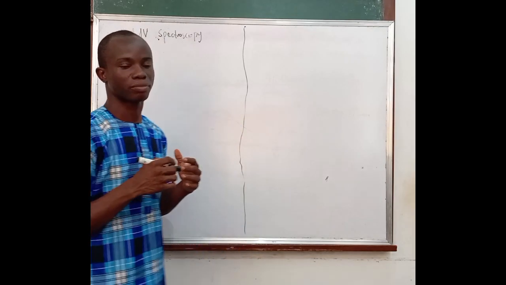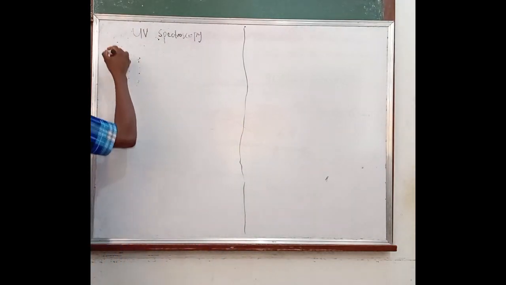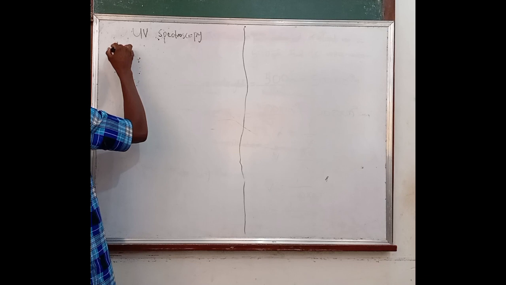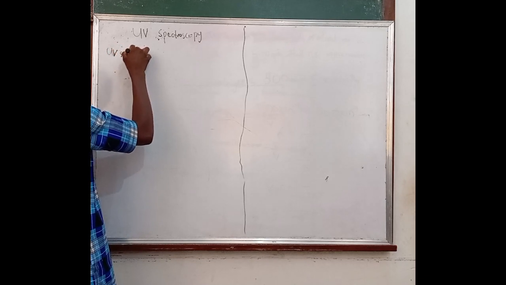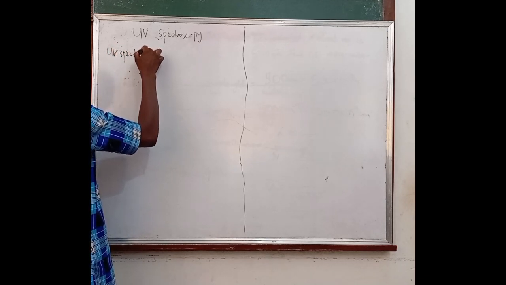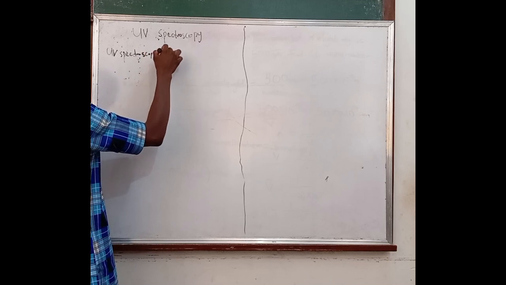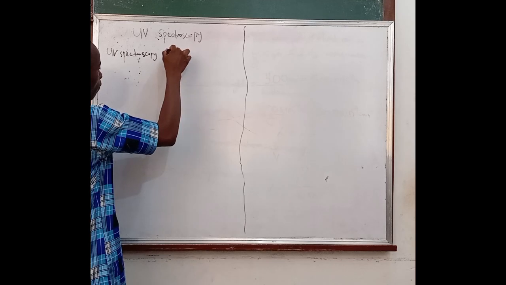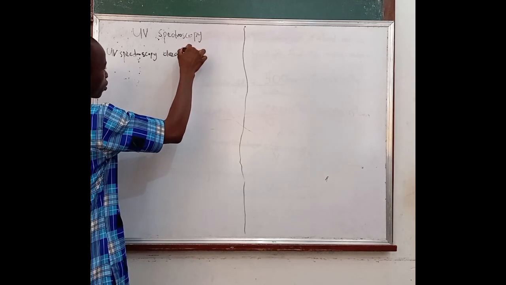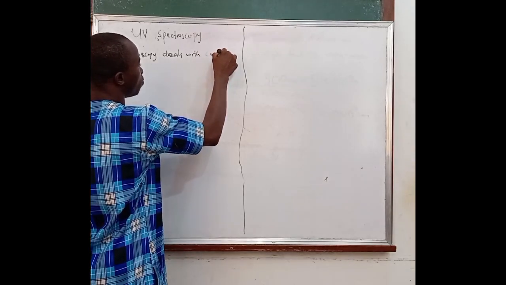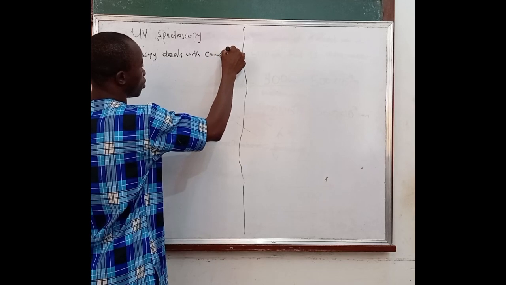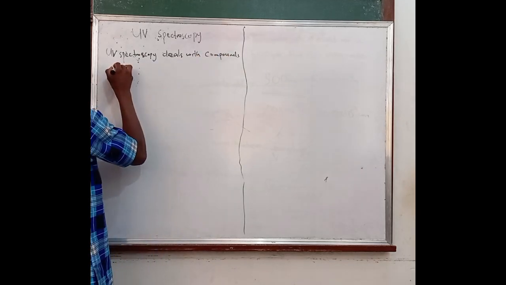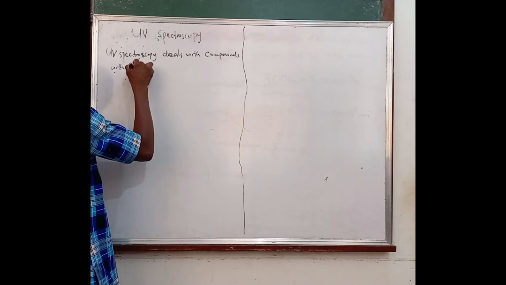So I could say that UV spectroscopy deals with compounds with conjugation.